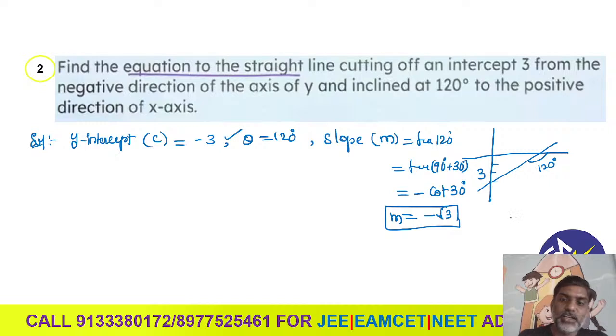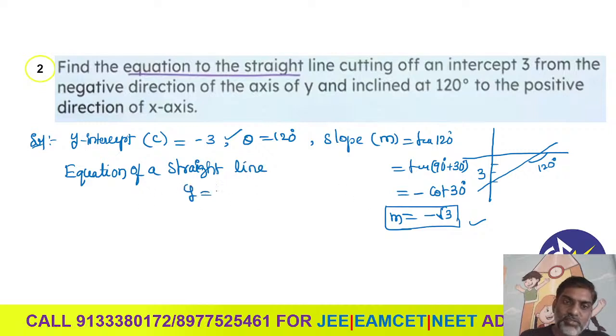Y-intercept is minus 3 and the slope is minus square root of 3. Then the equation of a straight line. So slope is there, y-intercept is there. What is the formula? y is equal to mx plus c. So y is equal to m, m is minus root 3, of x plus minus 3.